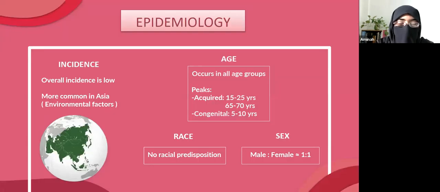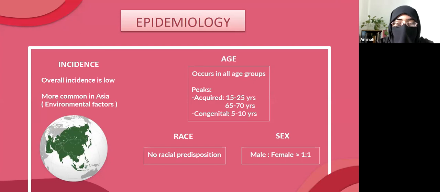So aplastic anemia is a rare disorder. The overall incidence is low, and in Western countries, it's about two to five cases per million persons per year, but it's two or three times more common in Asia. There's no racial predisposition.